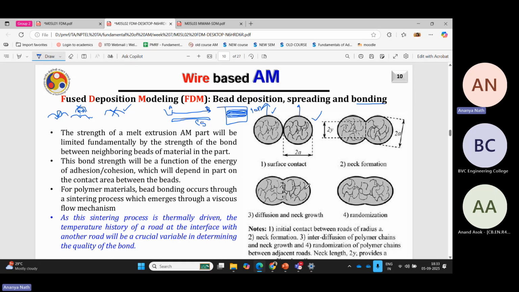So when you print these two droplets, first they get attracted to each other because of their viscosity. Then they get surface diffusion and neck formation. Then after randomization, you get this nicely shaped bead, one droplet adjacent to another.